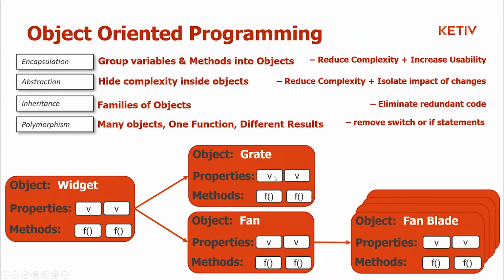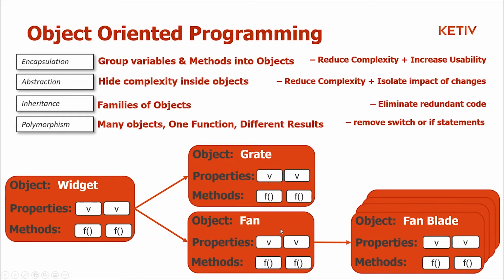And inside that class, we have variables that pertain to that class. So like the grate, you might have the diameter of the wires that are going around it or whatnot, and then methods. So a method might be to place it in Inventor or things like that. And we'll see that in the example.